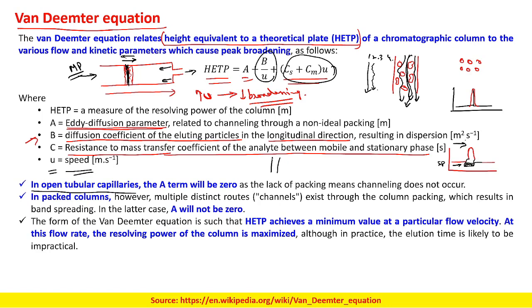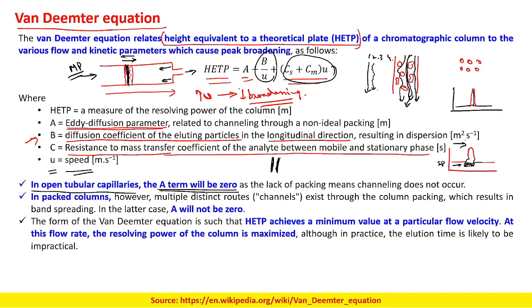As I told you yesterday, there will be a layer of the stationary phase attached onto the inner surface of the capillary. So in that case, the A term would become 0. Okay, the A term would become 0.